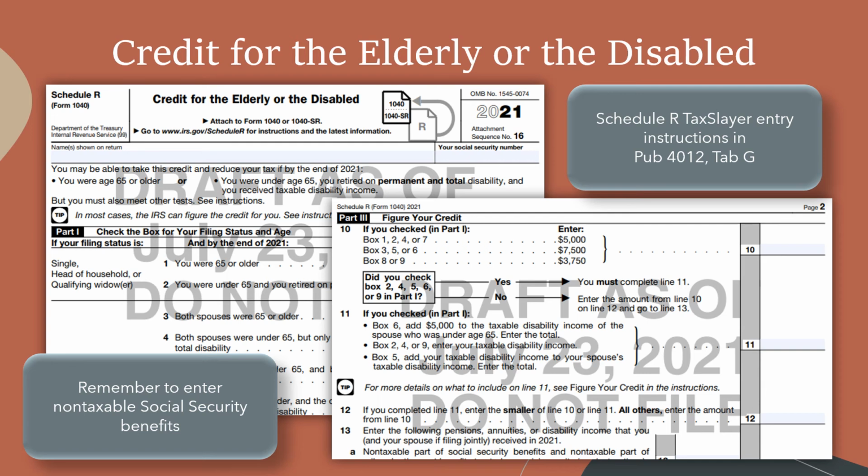So if you do see it, just know that you'll be looking up 4012 to figure out where to enter everything. And just remember that even if we have a taxpayer who is going to have non-taxable Social Security benefits, they need to get entered into the return because that's important in determining whether our taxpayer is going to qualify for this credit.